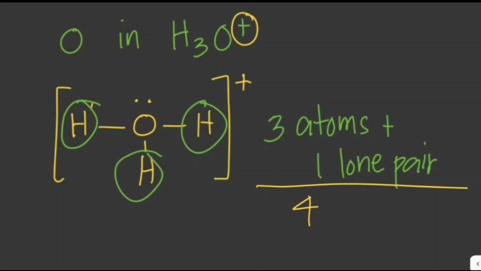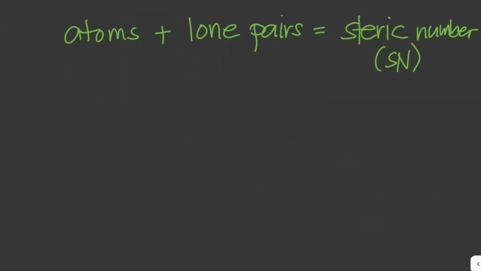Therefore, the hybridization of oxygen in hydronium ion is sp3. And by the way, the sum of the atoms and lone pairs is called the steric number, or Sn, or the groups of atoms and lone pairs.